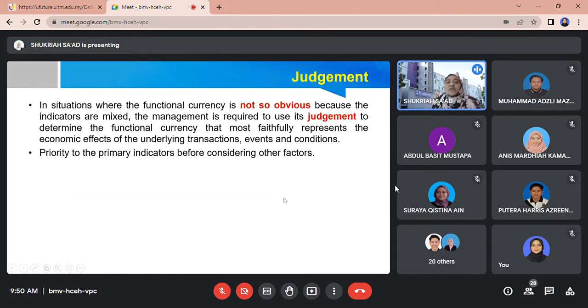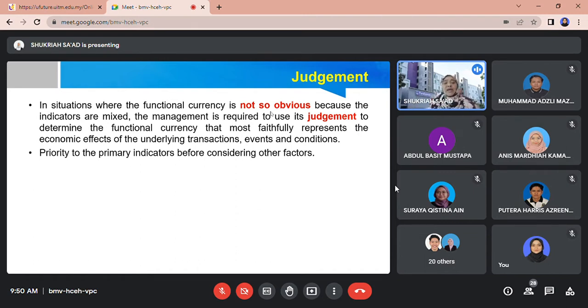So because kita ada banyak indicators, primary indicators, and kita ada other factors that we considered. So kalau banyak sangat, bila indicators are mixed, so it become not clearer. So tak mudah nak kita determine. So banyak sangat ni penting yang nombor 1.